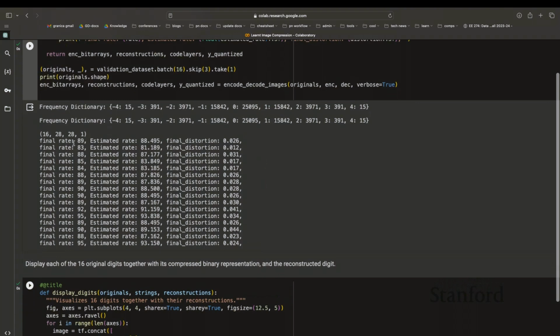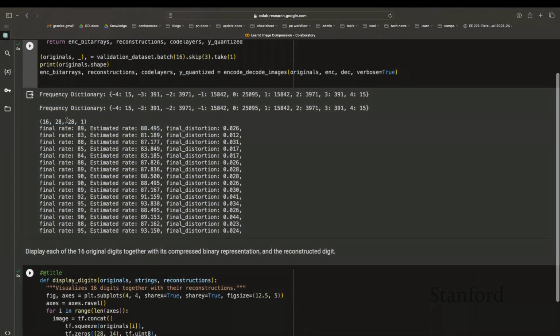The second thing you see is that if you look at the final rate and estimated rate, they are very close. Final rate is when you actually apply an entropy encoder on whatever discrete symbols you got. Your estimated rate is just log 1 over p of z hat, where we had an assumed probability model, right? This is a good sign.